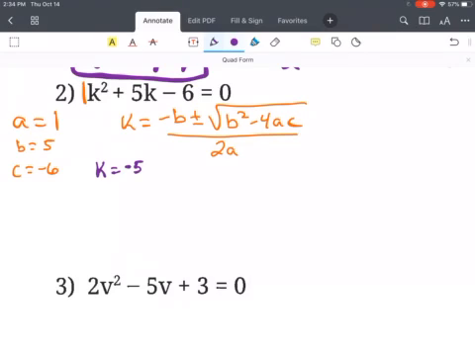Negative b is negative 5. b squared is 5 squared, minus 4, and then we multiply by a and c, which is 1 and negative 6. Divide all of that by 2 times 1.